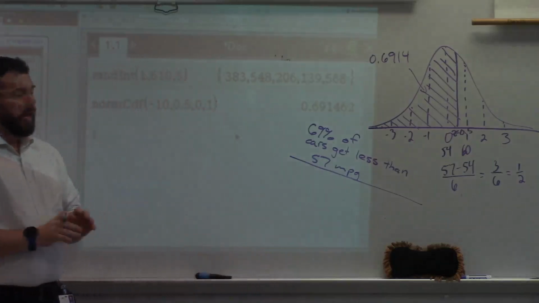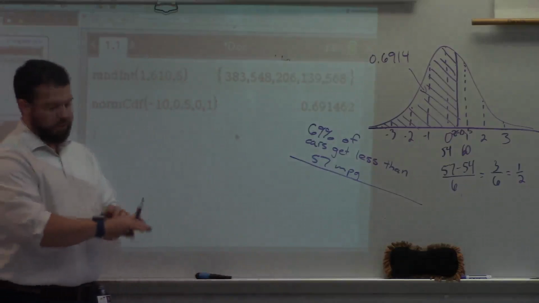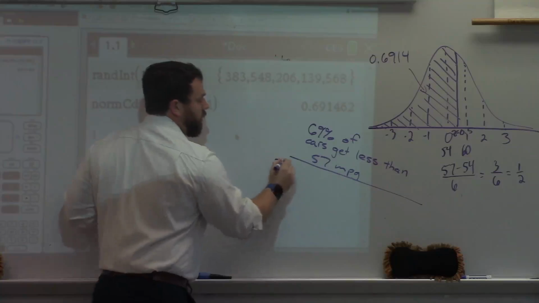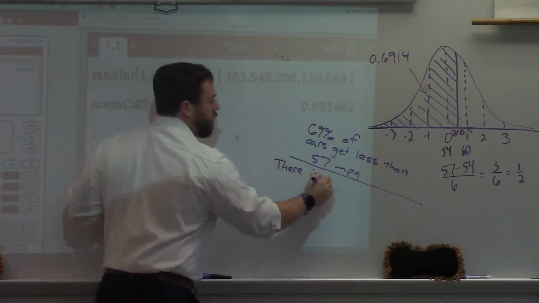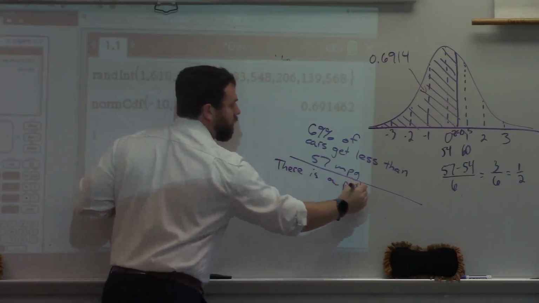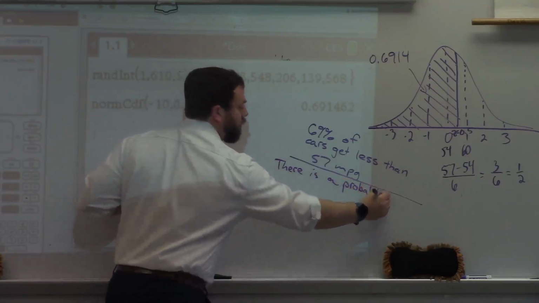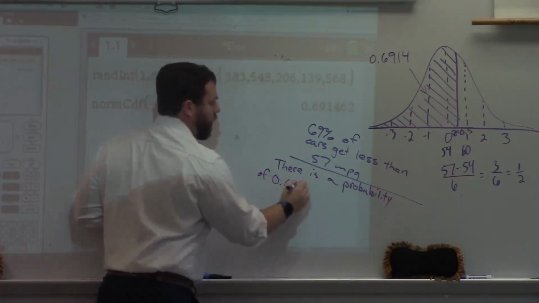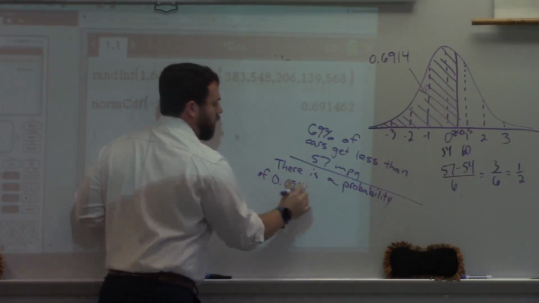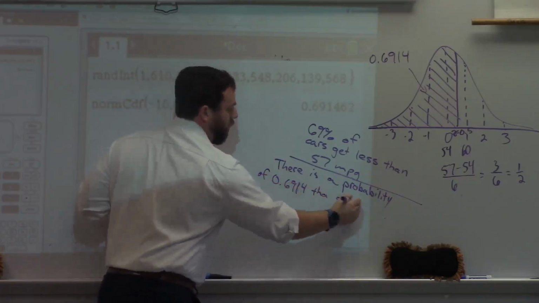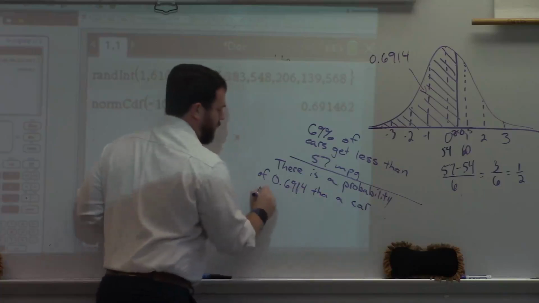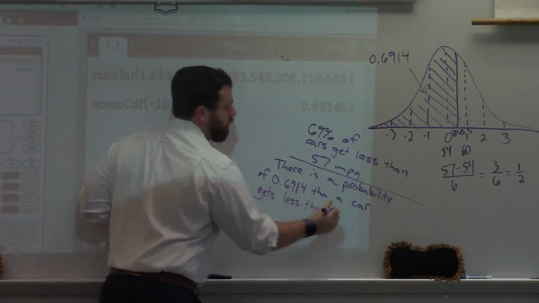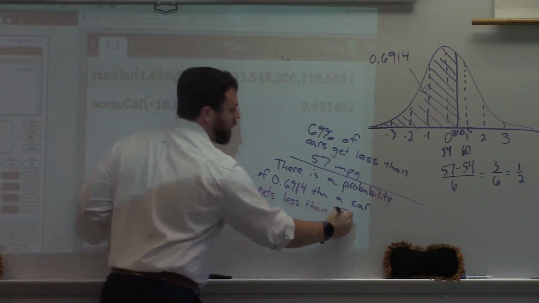A note that I'm going to add on to this before you finish writing your notes is that this also means there is a probability of 0.6914 that a car gets less than 57 miles per gallon.